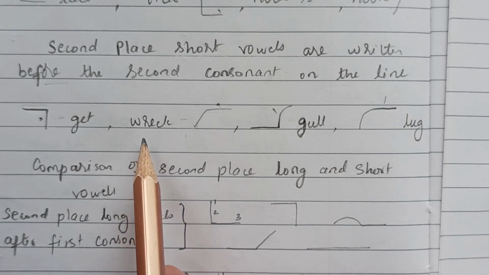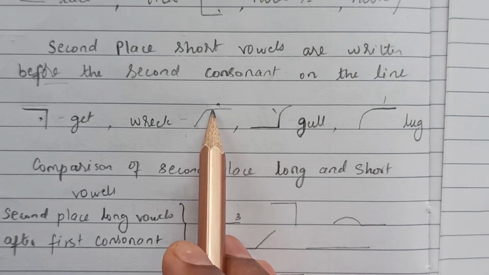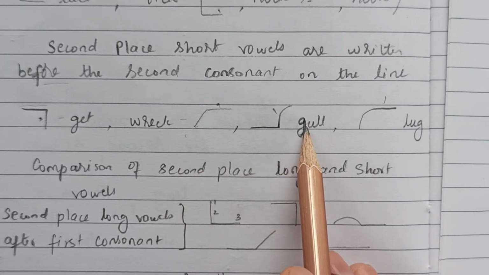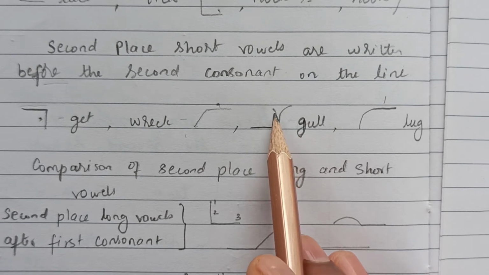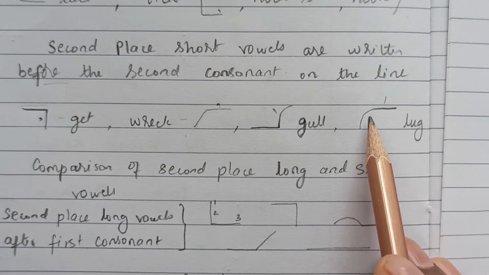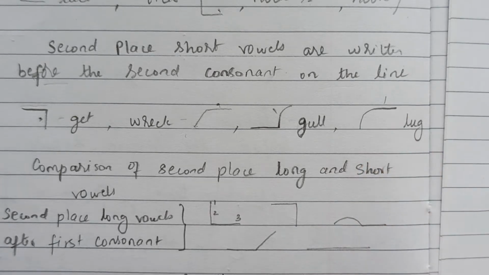And in wreck, again the second place vowel before K. Gull, the second place vowel before the second consonant L. Again lug, that is the second place before the second consonant.